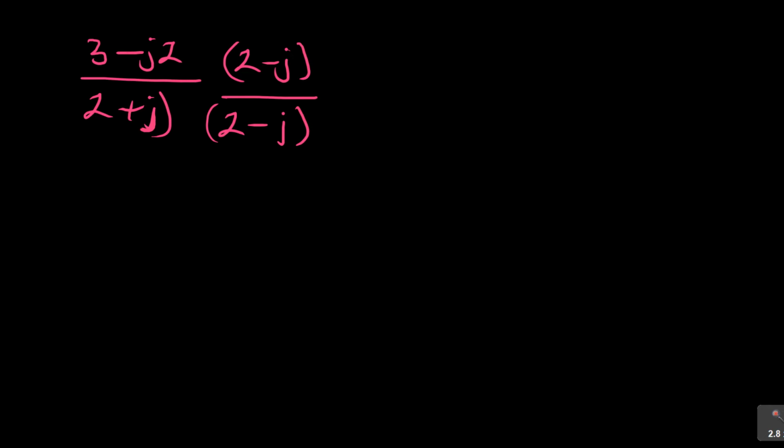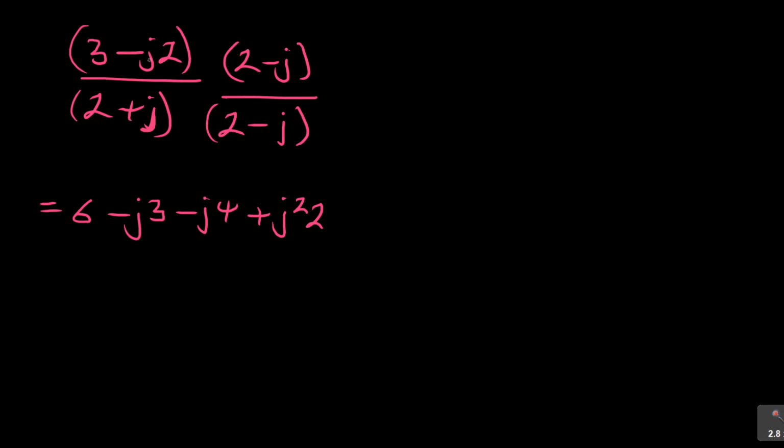See that? So you put a bracket here, you put a bracket here. So I'm multiplying, and if I open the top bracket, 3 times 2, it's 6. 3 times J, it's negative J3. Negative J2 times 2 is negative J4. Negative times negative it's positive j squared 2.